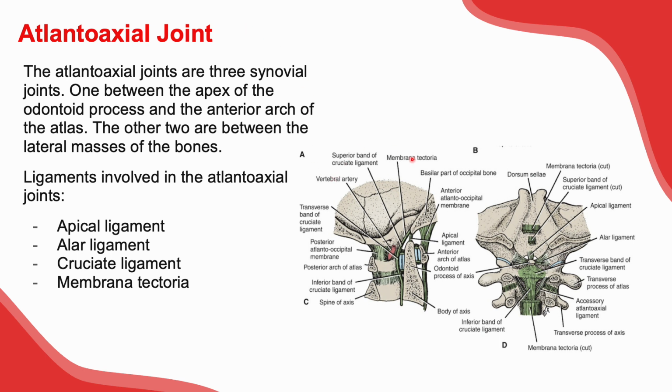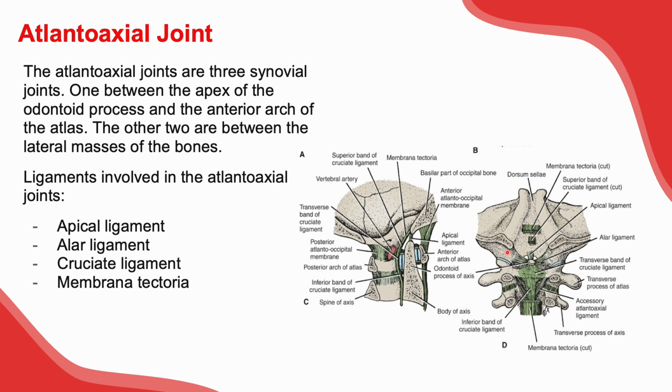We have several ligaments that are involved in the atlanto-axial joint. We have the apical ligament, which is this one right here. This is the odontoid process of the axis, and it is between the odontoid process of the axis and the basilar part of the occipital bone of the skull. And then we have the alar ligament, which is this one right here.